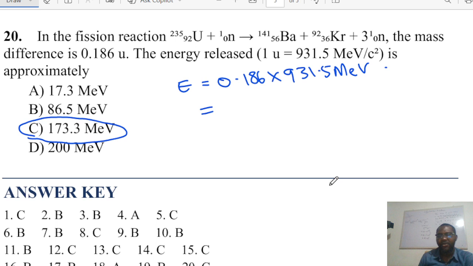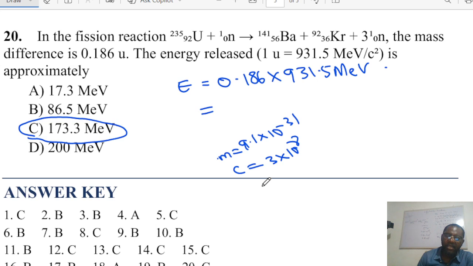And that is going to give us 173.3. I have my way of estimating, don't ask me how. In cases where you are given the mass, let's say 9.1 times 10 to the power minus 31, and you are given the speed of light, 3 times 10 to the power 8, and you're asked to find the binding energy, the binding energy would be the change in mass times the square of the speed of light.